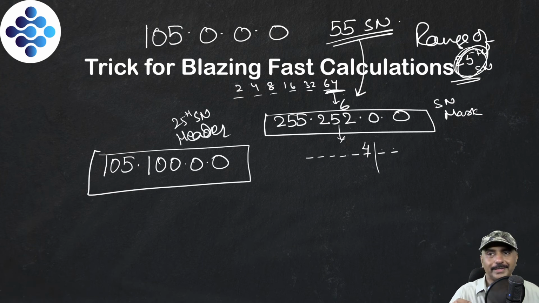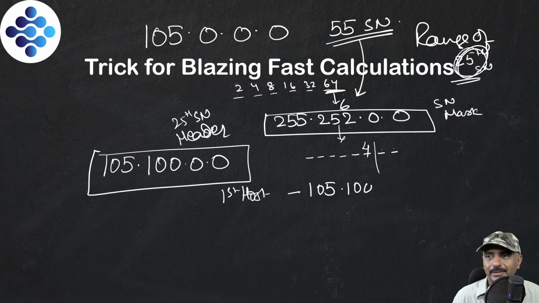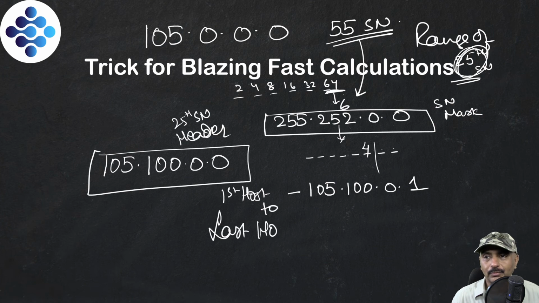Obviously when the header is there, the first host is very easy to calculate. So the first host becomes 105.100.0.1, and the last host would be 105.100, and these two bits, what would be the value? 2 plus 1, 3, so 105.103.255.254.